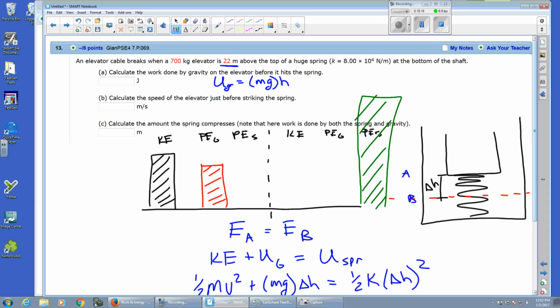And then for part B, delta U grav goes to kinetic energy, which is of course 1/2 m speed squared.